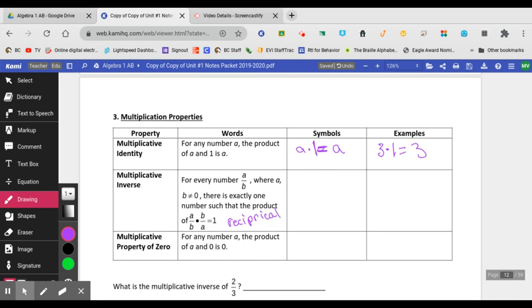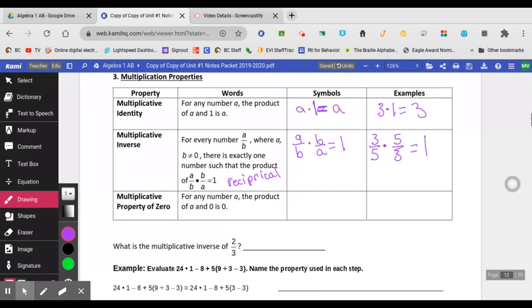So it's when you flip it. For every number a over b where they're not 0, you write it as b over a. So that's what it is in symbols: a over b times b over a equals 1. So using my example of 3/5, its multiplicative inverse, I flip it, is 5/3, and that gives me 1.